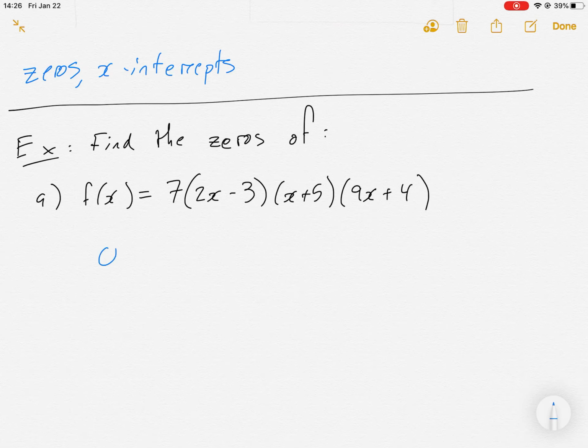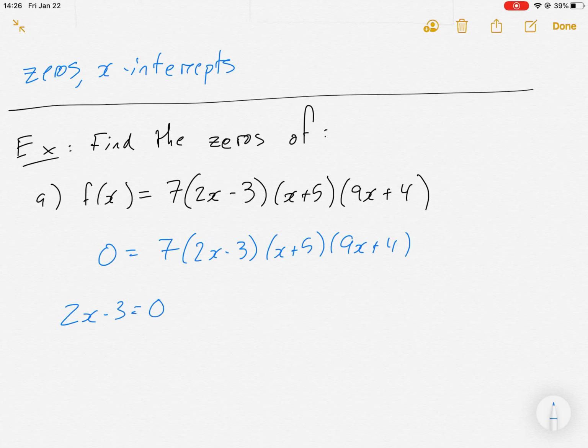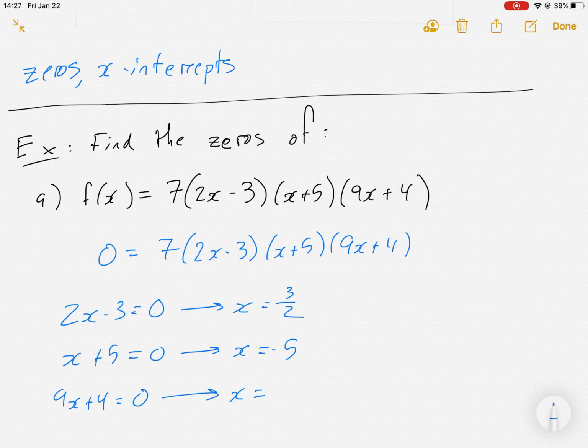Essentially what you're doing here is setting the entire function equal to 0 and solving. But you can kind of skip this step, because what this comes down to is we're saying 2x minus 3 equals 0, and solving, x plus 5 equals 0, and solving, and 9x plus 4 equals 0, and solving that as well.